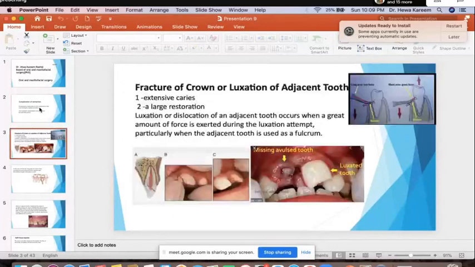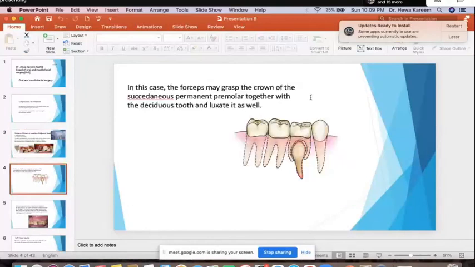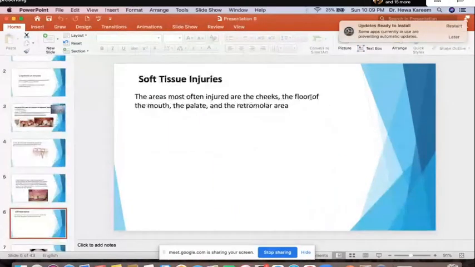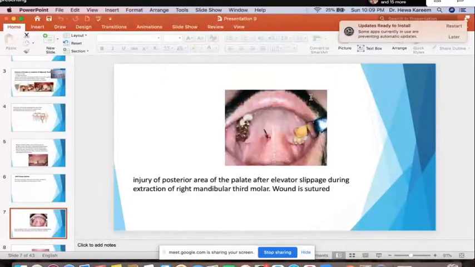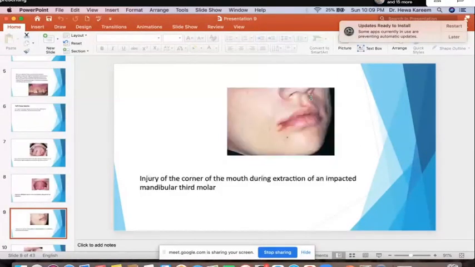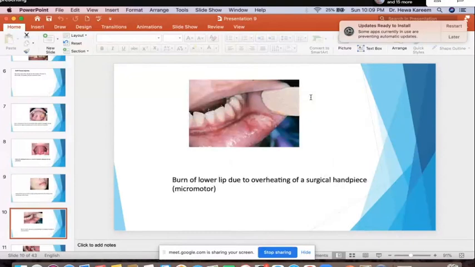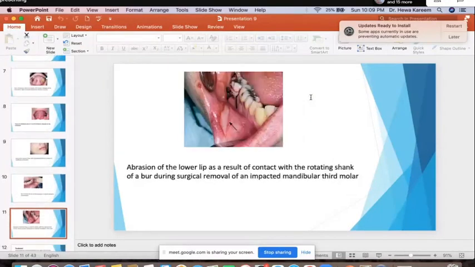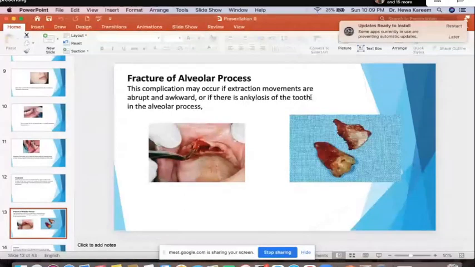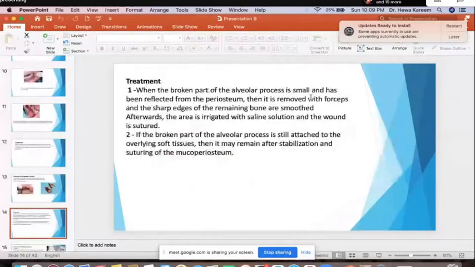These complications occur during the surgical procedure. Fracture of the crown. Soft tissue injury. Fracture of the alveolar process.